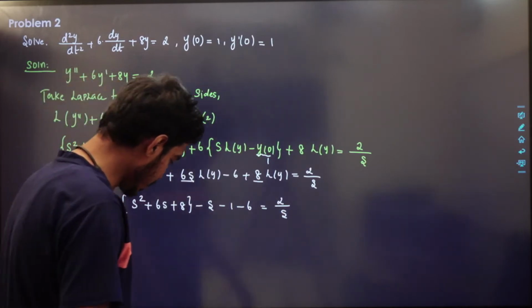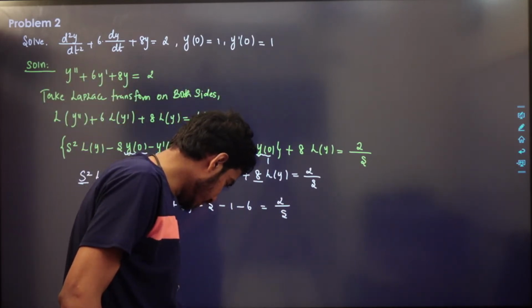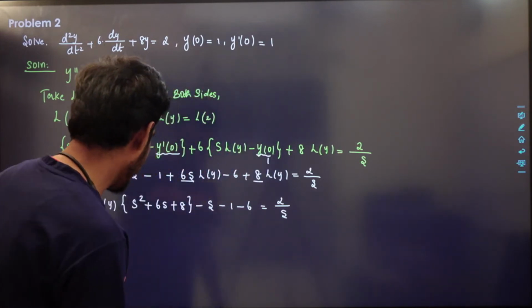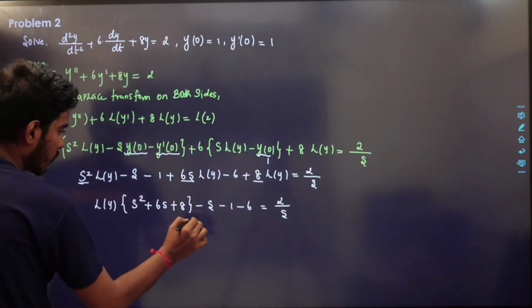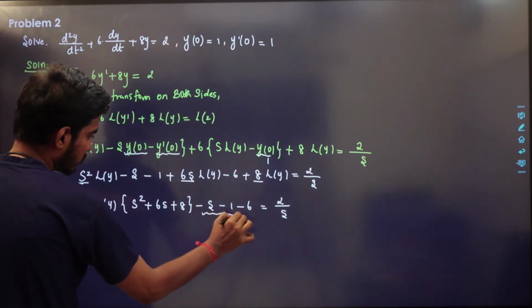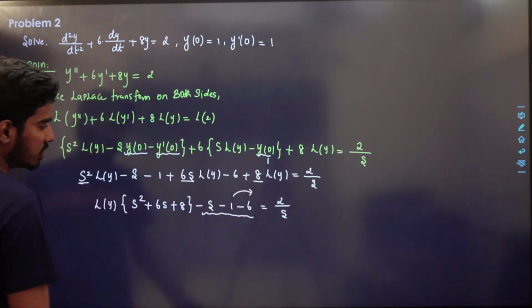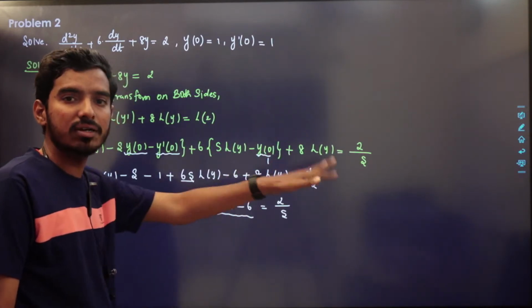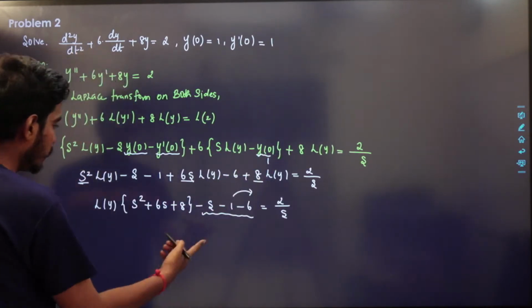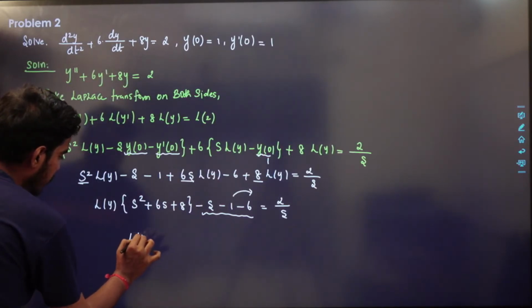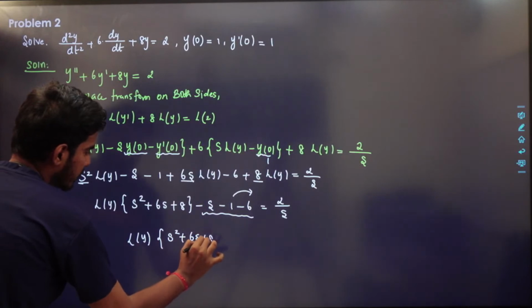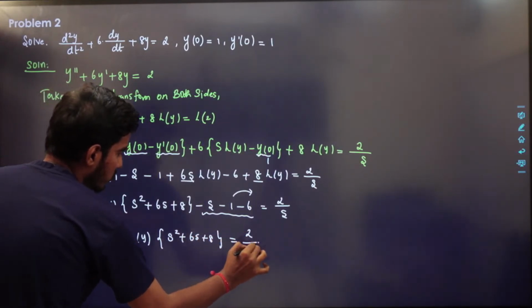Now take all these terms to that side. You should always have L of y into something is equal to something. So if we take these terms to that side, we will have L of y into s square plus 6s plus 8 is equal to 2 by s.